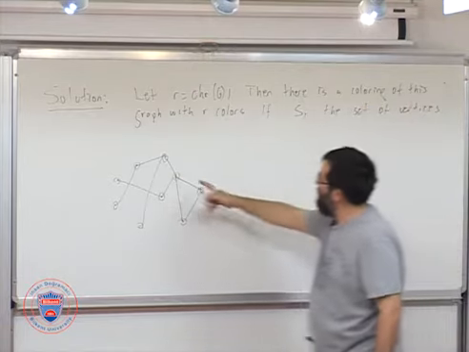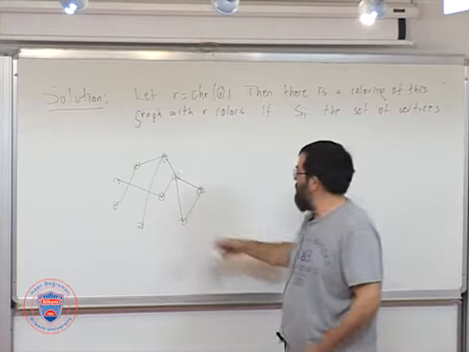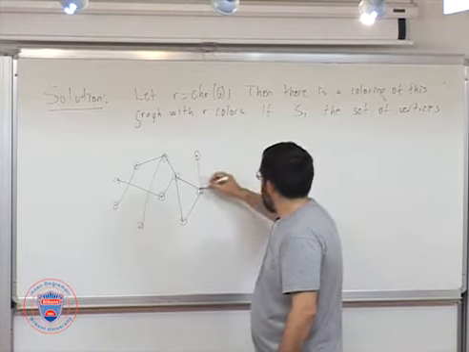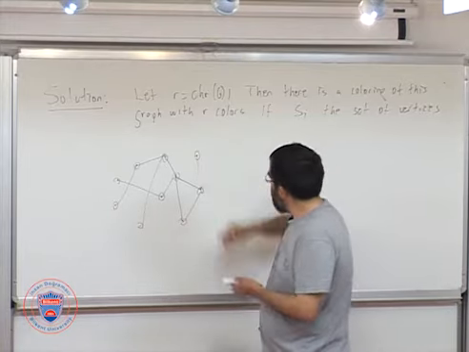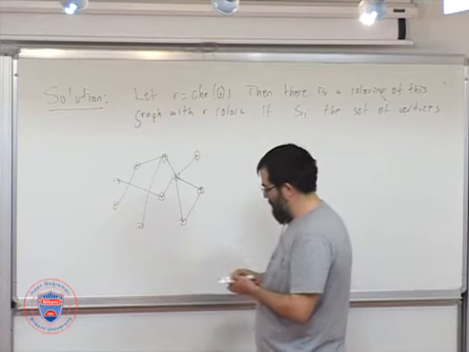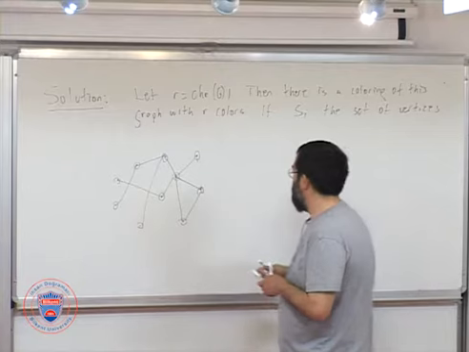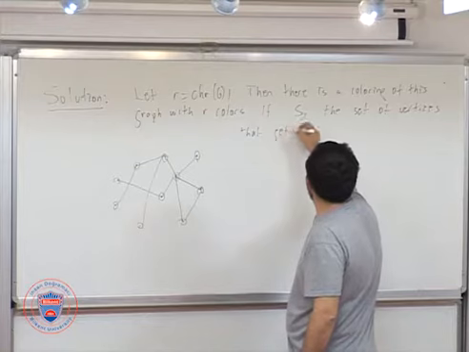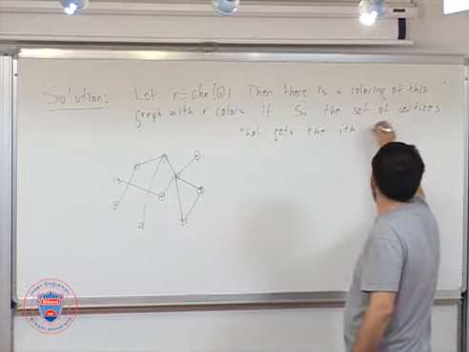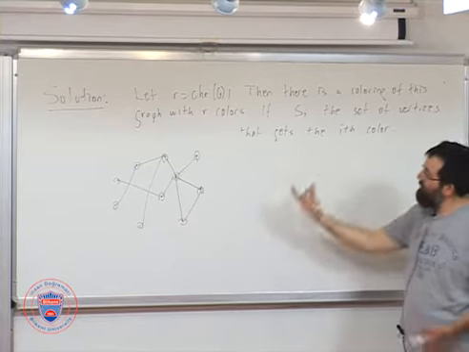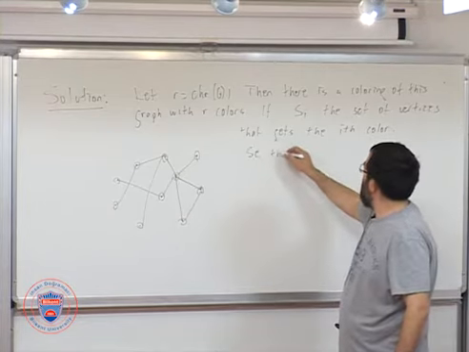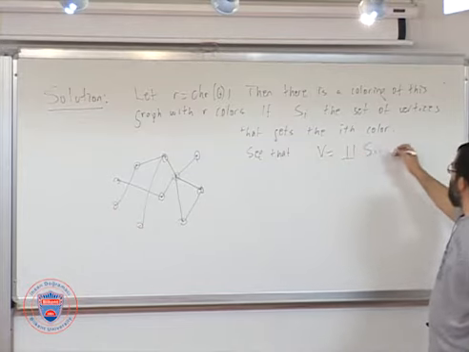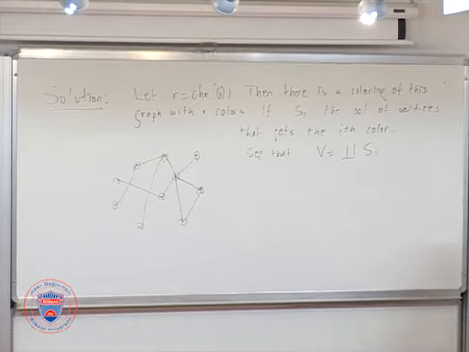If you say the red ones are, say, S1, the green ones are S2, so you can actually see that the whole vertex set is just the disjoint union of these different sets which get certain colors.